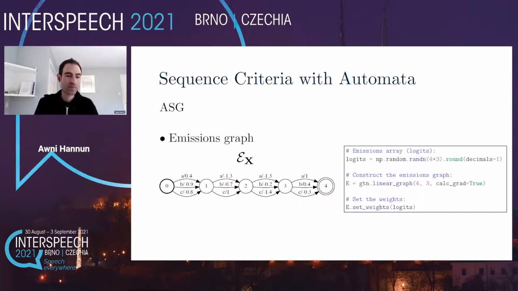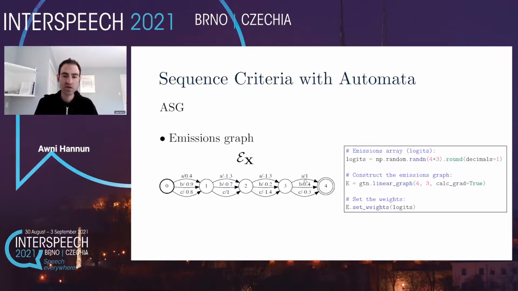And for each time step in our input, we need a score for every possible output in our output set, for each of A, B, and C. That's what the emissions graph encodes. So for each time step in our input, this is the first time step, we get a score for all possible output tokens in our output set, A, B, and C. This is for the second time step, third time step, fourth time step.